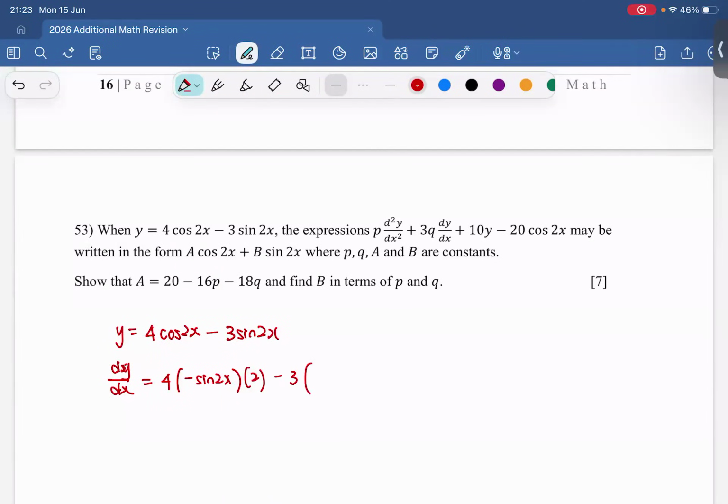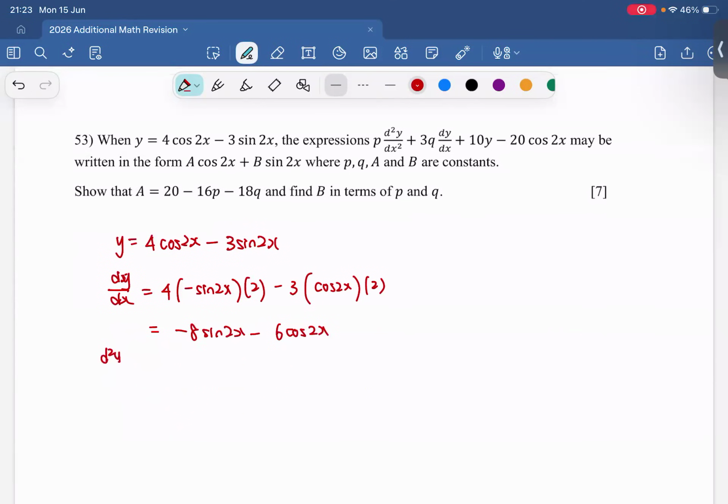Then differentiate sine 2x is actually cos 2x, then you times the 2. Simplify. Then differentiate once more. Differentiate sine 2x, cos 2x times 2.